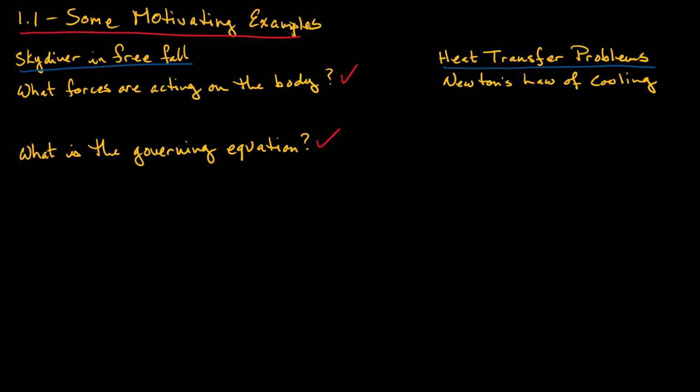So, as we know from our study of dynamics, for an object that is in motion, we have Newton's laws of motion. And in particular, the one we're interested in is Newton's second law, which states that the sum of the forces is equal to the mass times the acceleration.